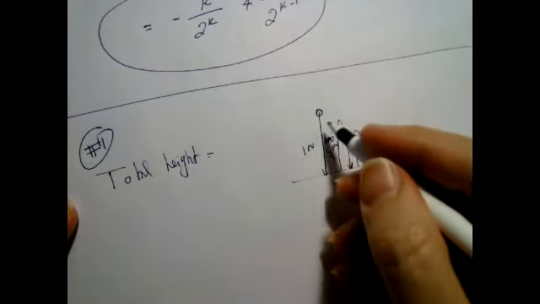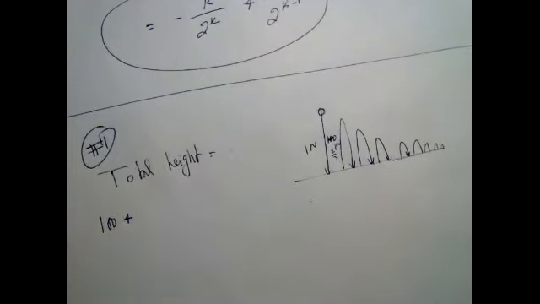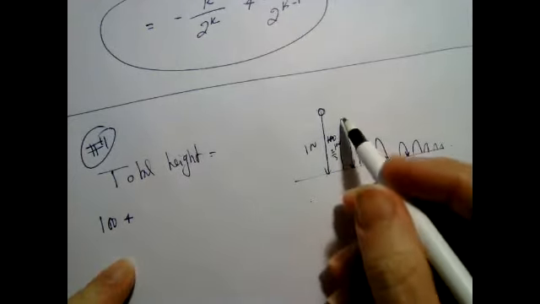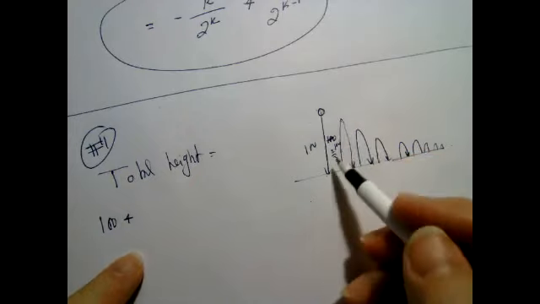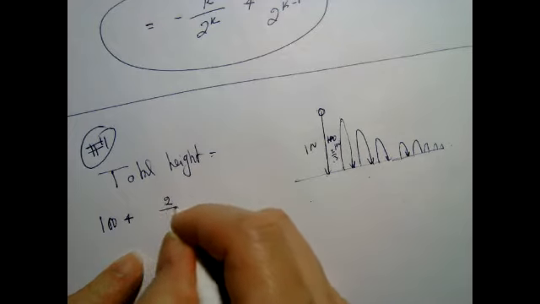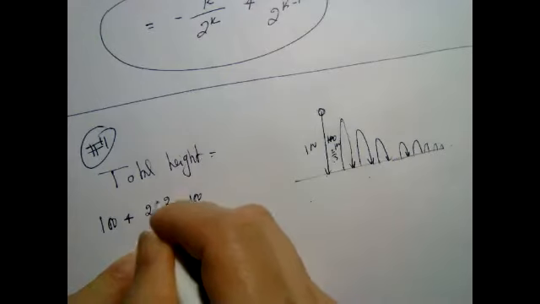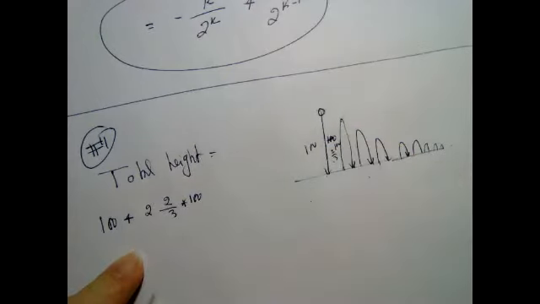First, you drop it 100 feet. That's 100. And then it bounces up 2/3 of 100, and then it goes down. So it bounces up 2/3 of 100, but it's 2 times that much because it goes up and it goes down.